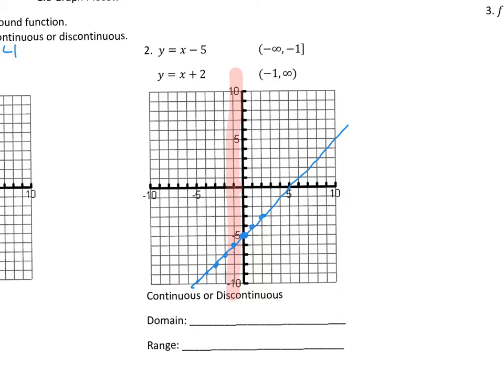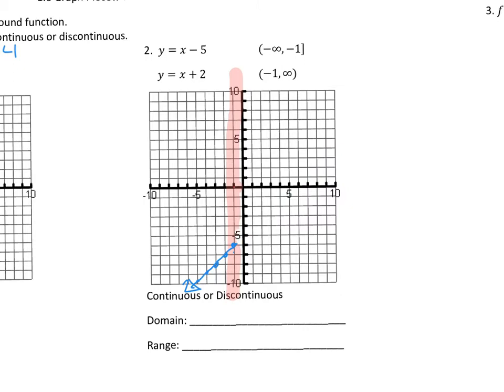Okay. Now, looking at this right here, this part of the graph went from negative infinity to negative 1, right? It went all the way to there. So what that means is I need to erase everything that's on the right-hand side of the red line. So I can't have any of this part of the graph, okay?